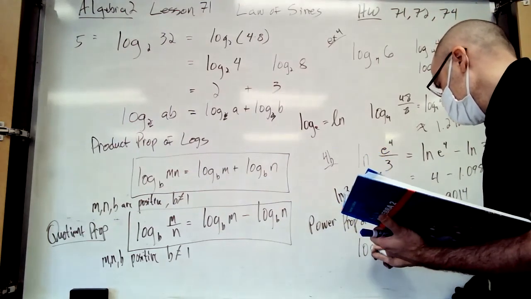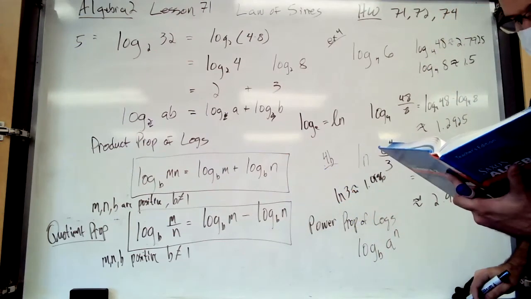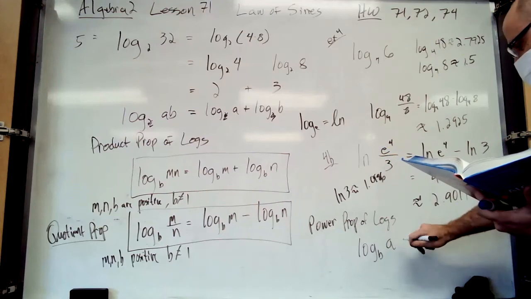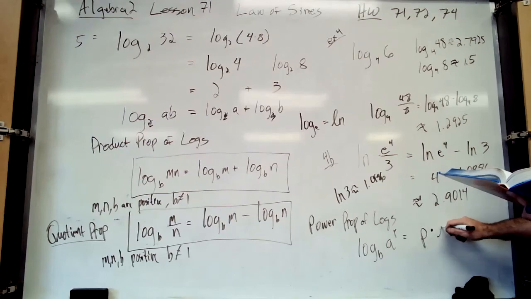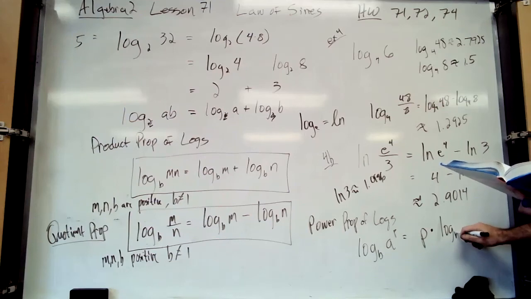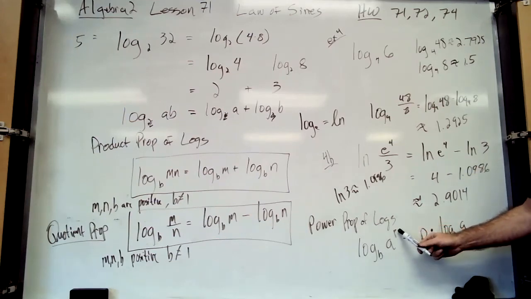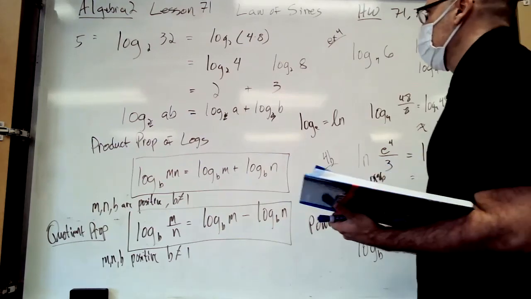Log base b of a to the n, they said p, I guess, for power, is just p times log base b of a. So all you're doing here is you're taking this exponent and you're putting it out in front. That's it.